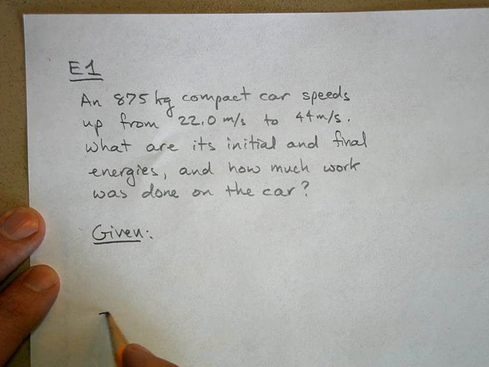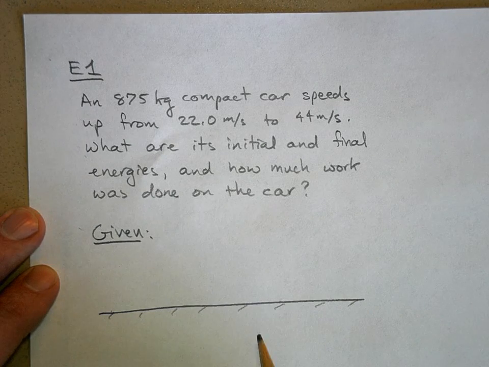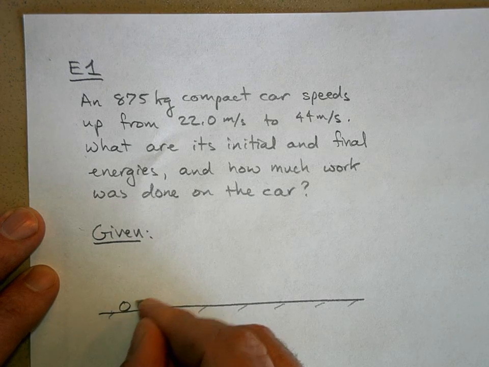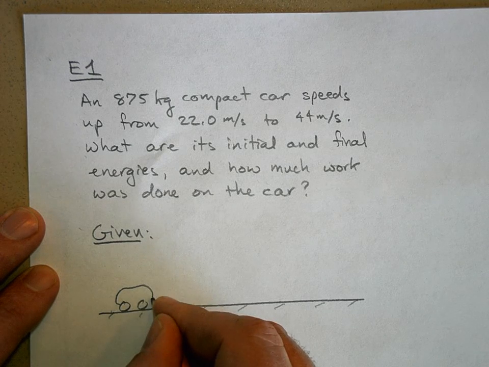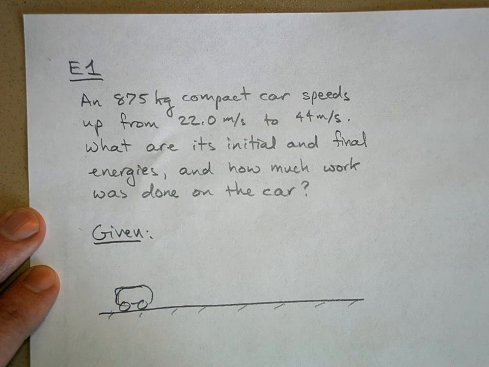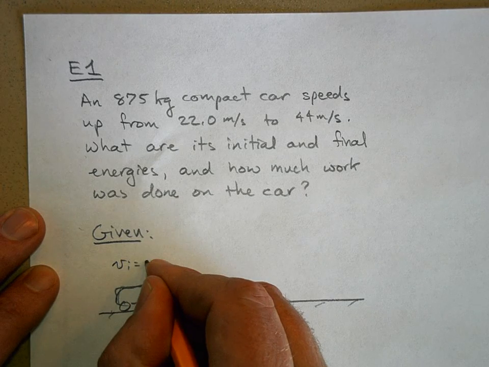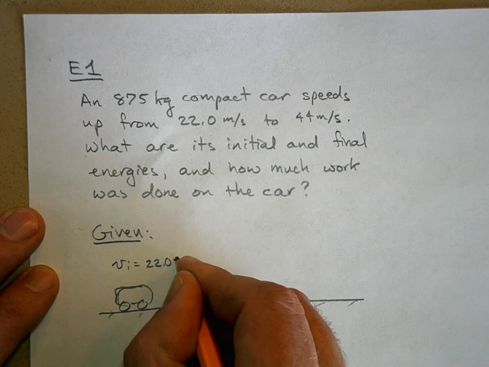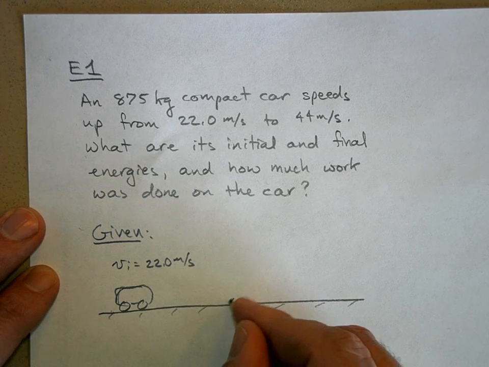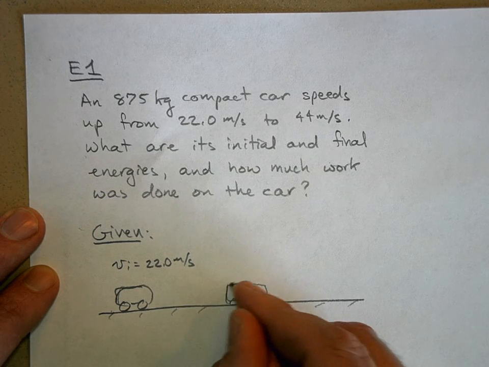So here's the car. Whoops. It's like a little van of some kind, I guess. Its initial velocity is 22.0 meters per second. And then a little while later, it has a final velocity, and it also changed shape somehow.